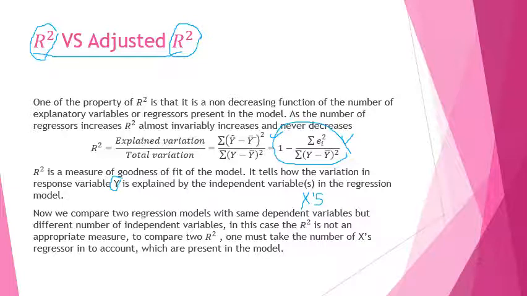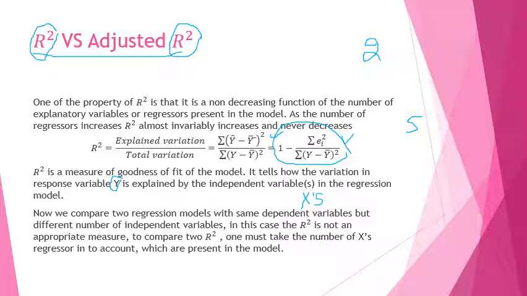Now, if we want to compare two regression models with the same dependent variable but with a different number of explanatory variables, let's say for the first model there are two independent variables, and for the second model we have five independent variables, then how will we compare these two models? In this situation, R square is not an appropriate measure.